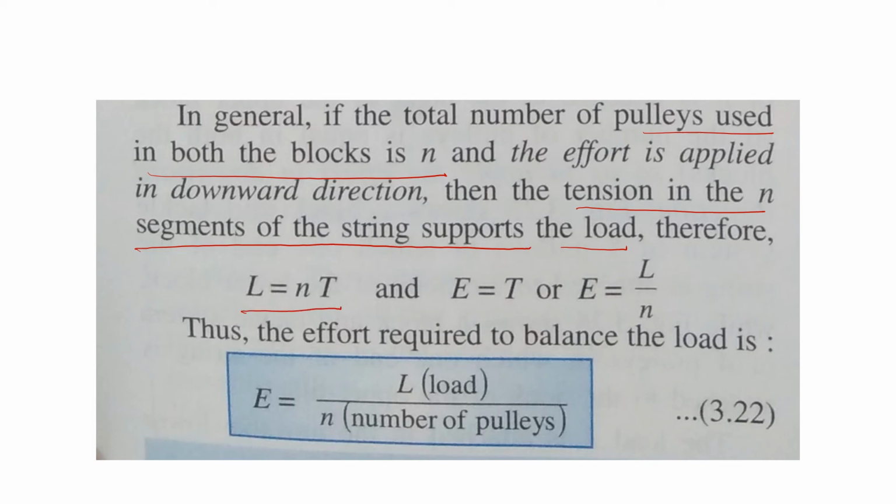If I have 5 pulleys, then L is equal to 5T. If I have 4 pulleys, L is equal to 4T. And effort is equal to T, or E is equal to L by n. Thus, the effort required to balance the load is E equal to L, that means load, by the number of pulleys.